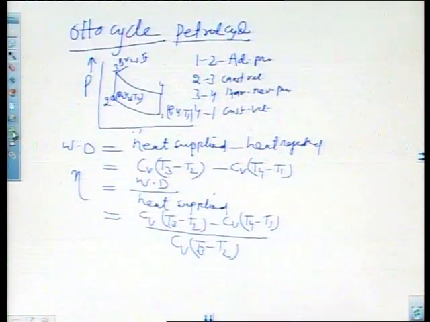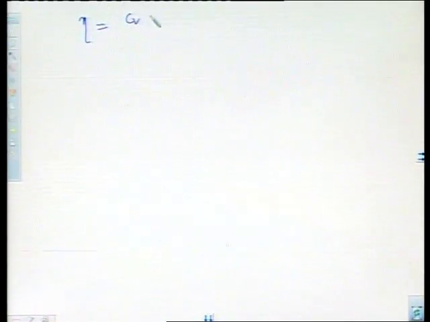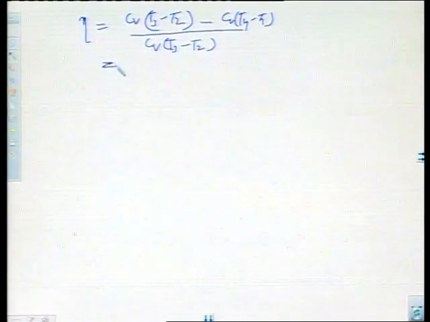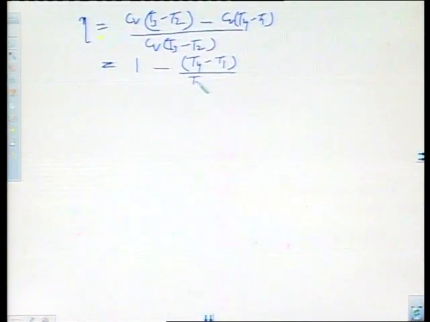Efficiency I will write here: Cv (T3 minus T2) minus Cv (T4 minus T1), divided by Cv (T3 minus T2). It can be further derived as 1 minus (T4 minus T1) divided by (T3 minus T2).